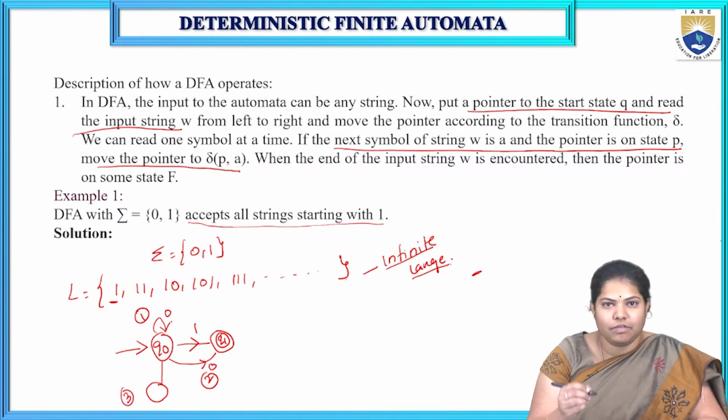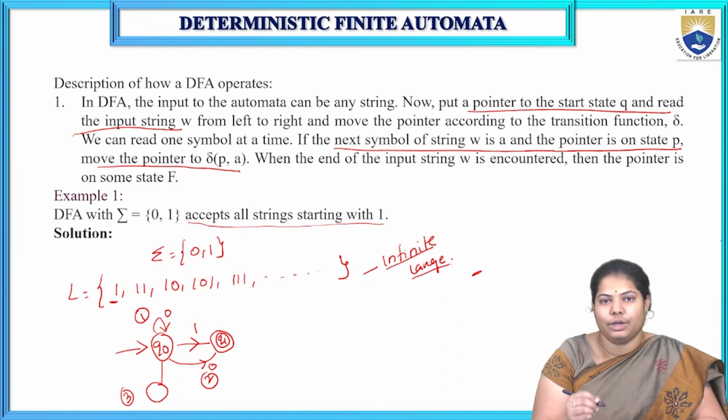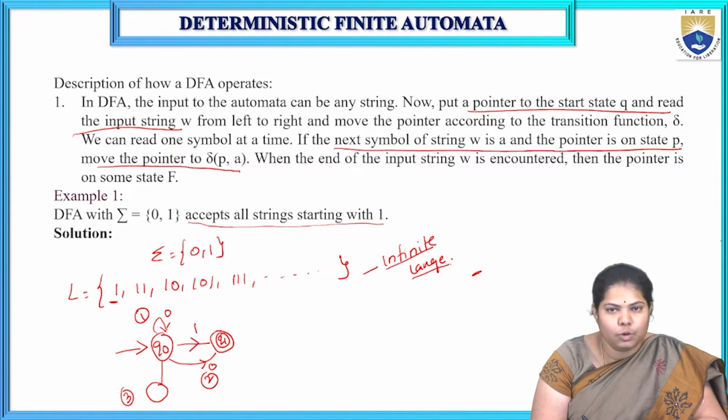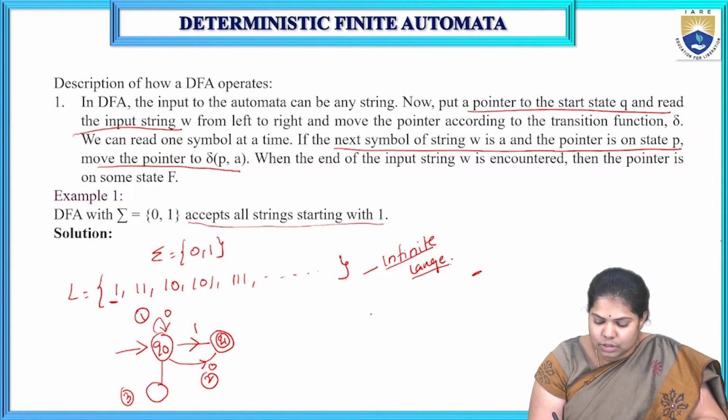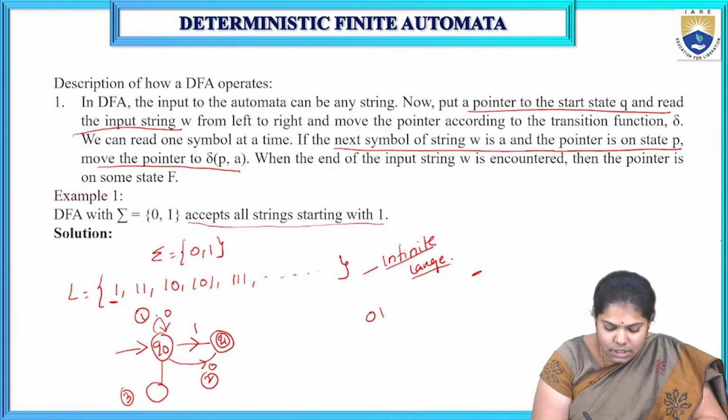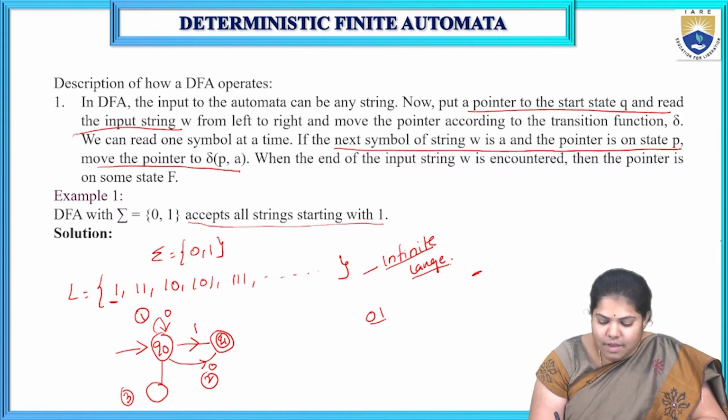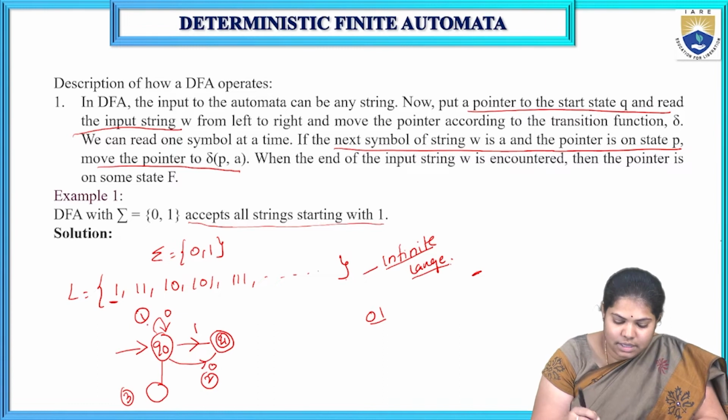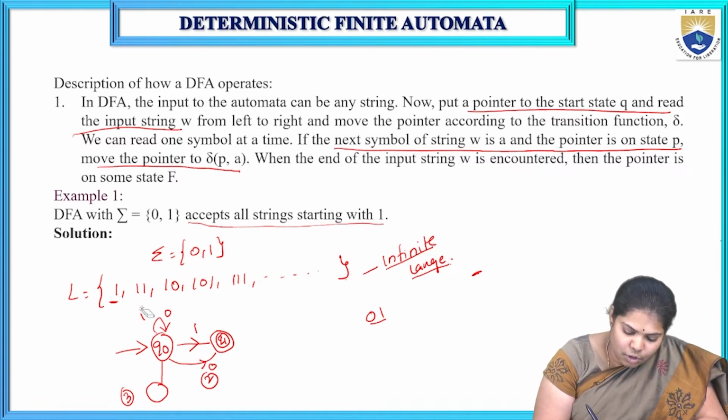So let us check one by one why we are not keeping that as a loop. First, if I keep the loop here, what will happen? I can also execute a string called 0 1, and it reaches the final state. So that is why this first option is ruled out. Right?